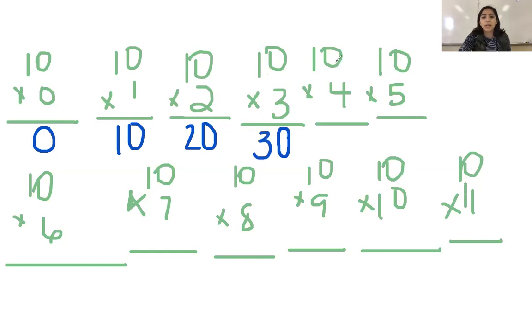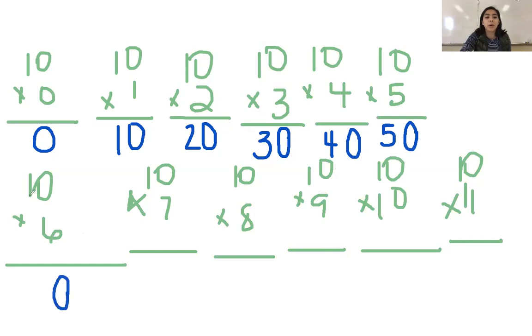30. 4 times 0 equals 0. 4 times 1, remember the 1's like a mirror. It tells the 4 who it is. So 1 times 4 equals 4. 5 times 0 equals 0. 5 times 1, remember the 1 acts like a mirror and it tells the 5 who it is. 5 times 1 equals 5. 6 times 0 equals 0.